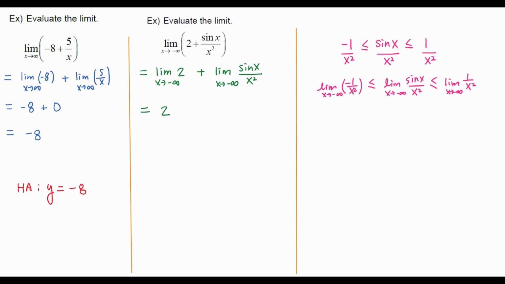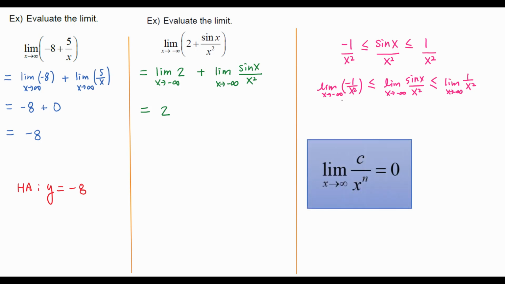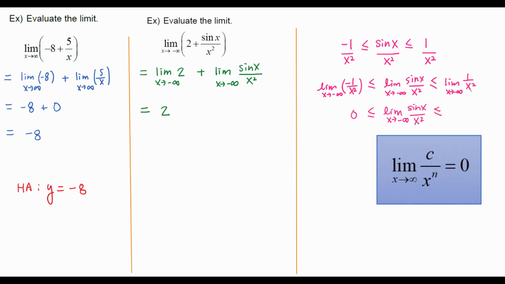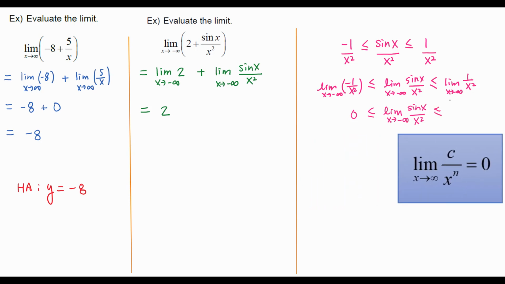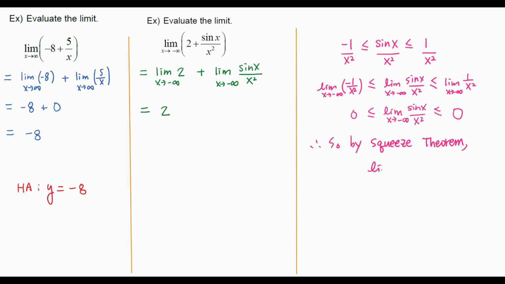However, the limit of negative 1 over x squared as x approaches negative infinity, as we learned today, is 0, less than or equal to the limit of sine x over x squared as x approaches negative infinity, which has to be less than or equal to the limit of 1 over x squared as x approaches negative infinity, which is also 0, as we learned today. So by the squeeze theorem, the limit of sine x over x squared as x approaches negative infinity is 0.